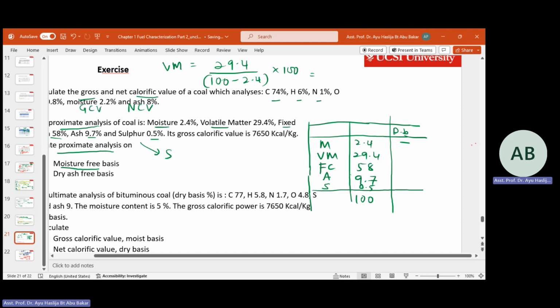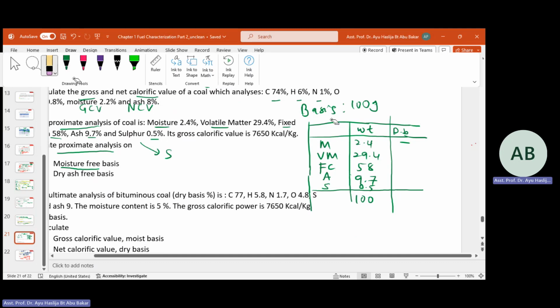Basis, set the basis. Our basis is 100 gram. Yes, correct. I forgot to mention the basis of 100 gram. So this one is in weight. Sorry, that one is for elemental. For proximate, we just directly take the percent. We don't need to set a basis for proximate.